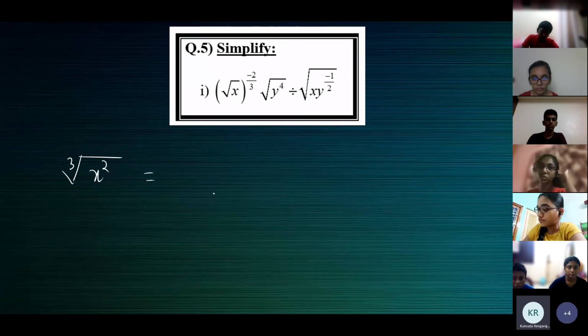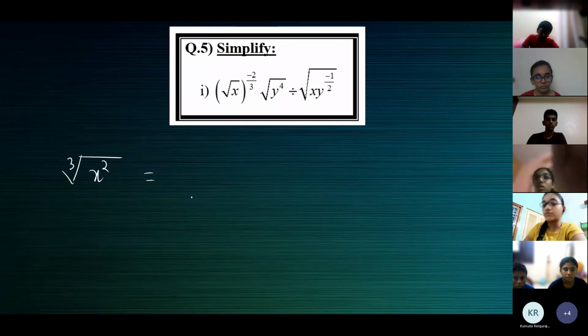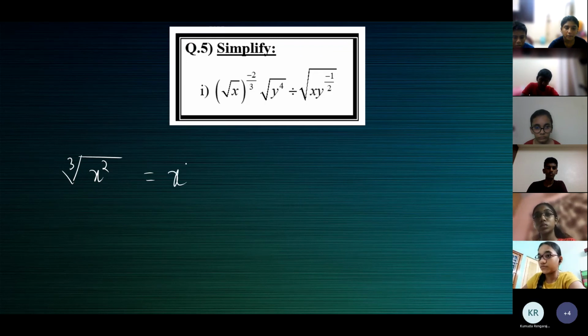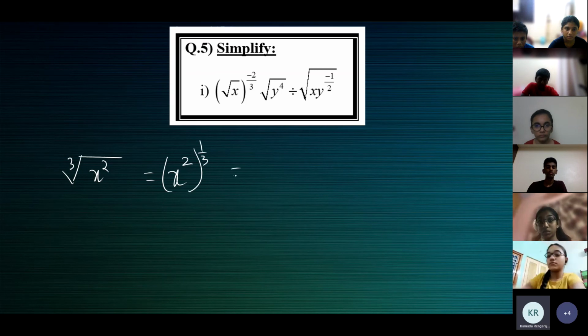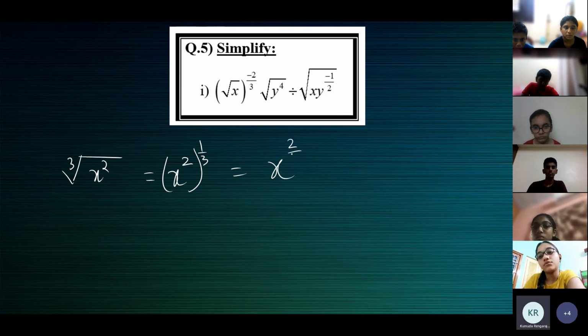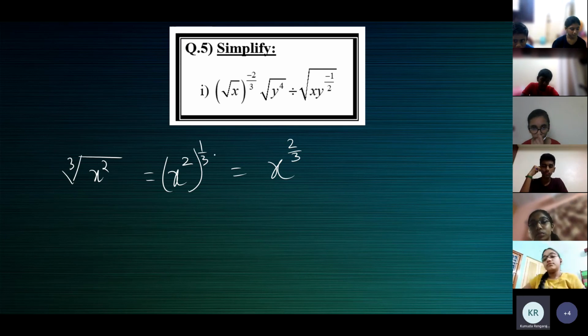The cube root of x squared is x squared to the power 1 by 3. So that's nothing but x to the power 2 by 3, because 2 into 1 by 3 is 2 by 3. Correct, Sindhu.